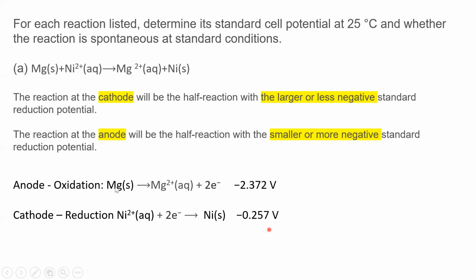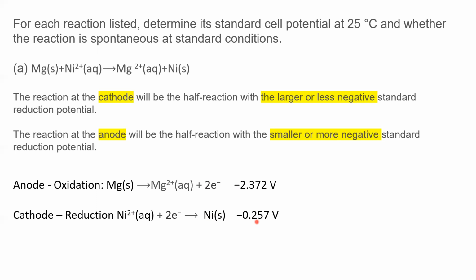You'd look up magnesium to magnesium ions on the table, and the value on the table is negative 0.2372 volts. We look up nickel 2 ions to nickel atoms on the table, and we get negative 0.257.